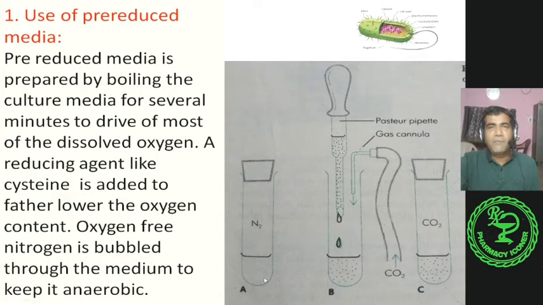If any trapped oxygen is there, it will be removed during the nitrogen flushing. So the reducing agent is there and nitrogen flushing was done. After that, during inoculation, with continuous inert gas flushing, we inoculate so that microorganisms do not come in contact with oxygen. So this is the pre-reduced media.